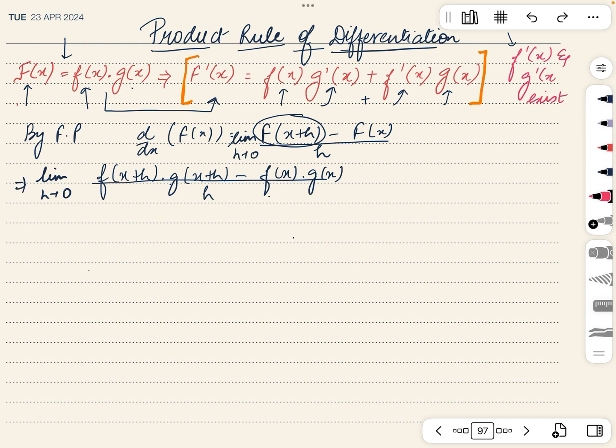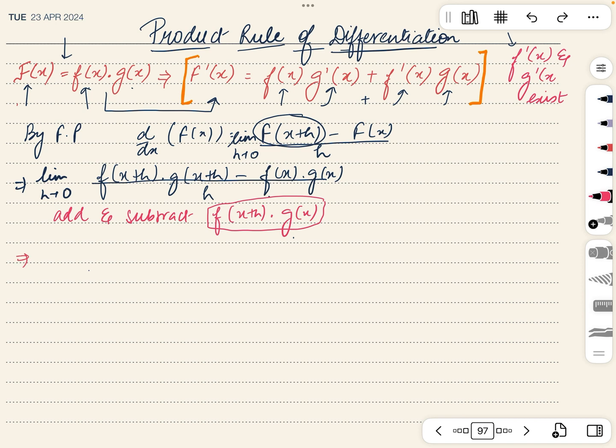Now taking it further, I am going to add and subtract an expression which is f of x plus h times g of x. Now you know, if you add something and subtract something from an expression or an equation, there is no change in the magnitude of the equation. So that's why I am going to add and subtract this expression.